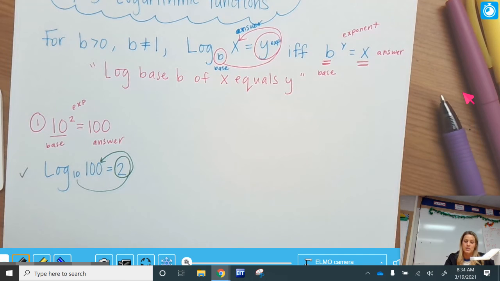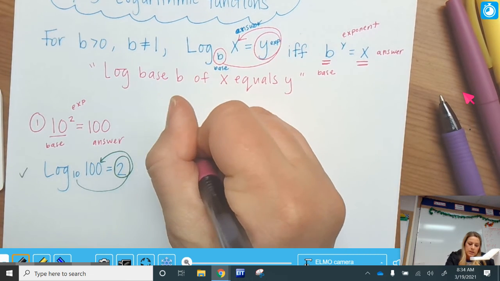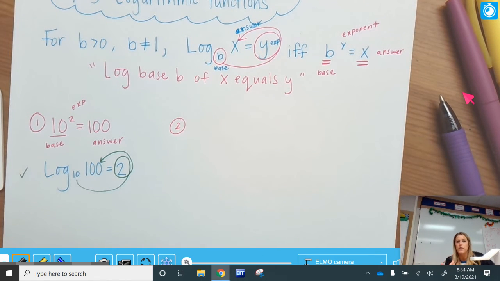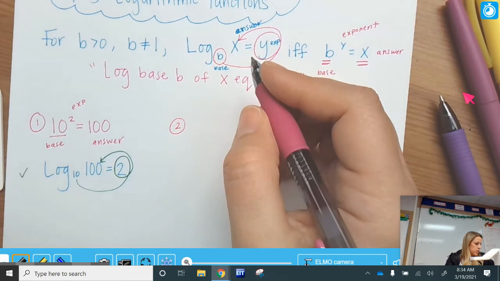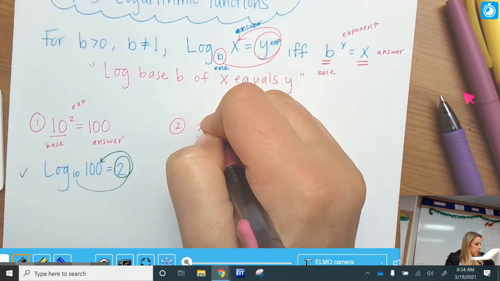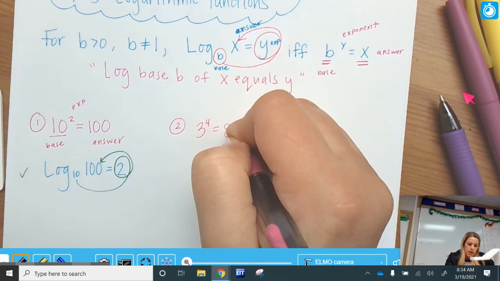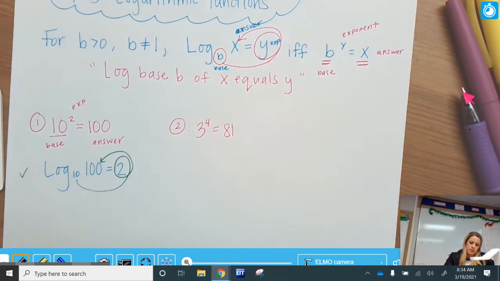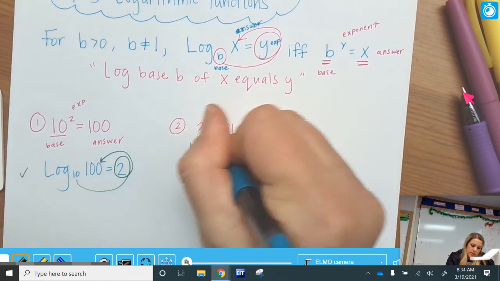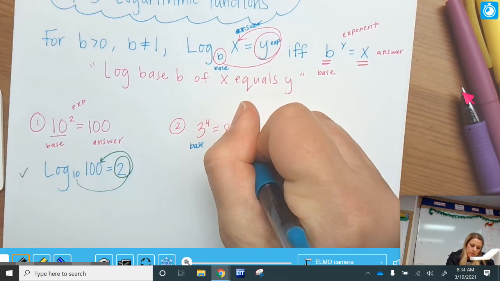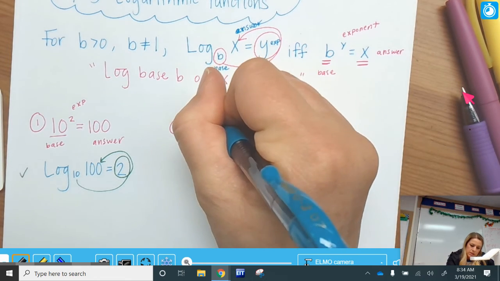Again, this is going to take some time to practice, because going from exponent form to log form takes a little time. The next one is 3 to the fourth power equals 81. This is my base, this is my answer, this is my exponent.